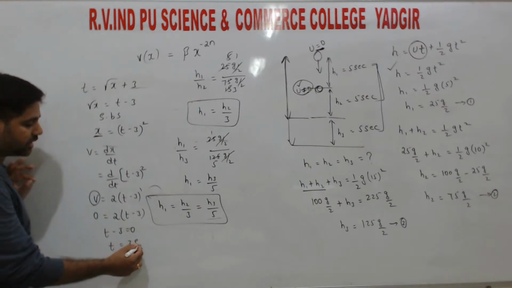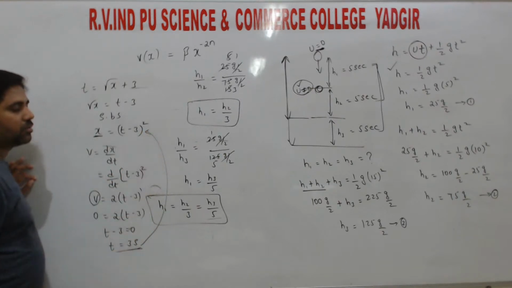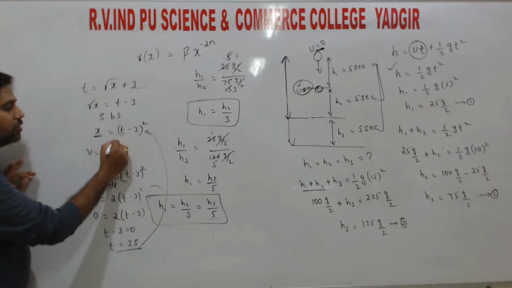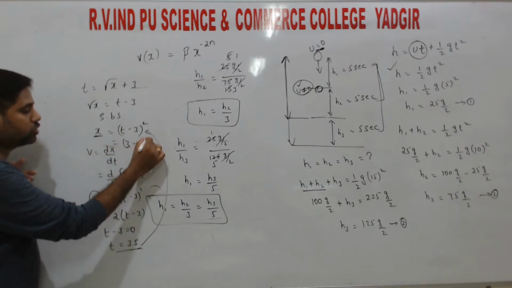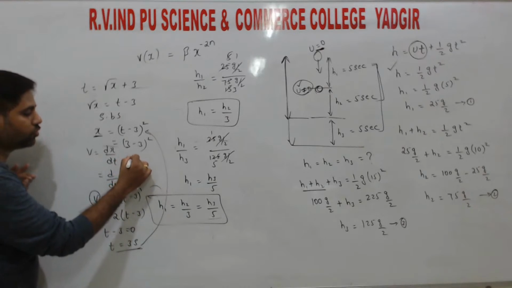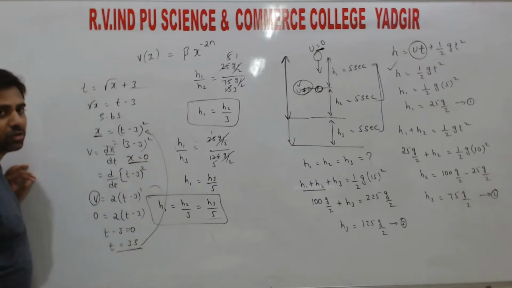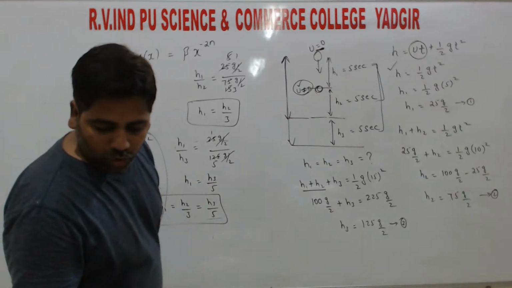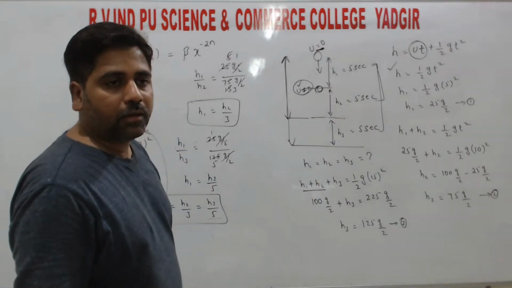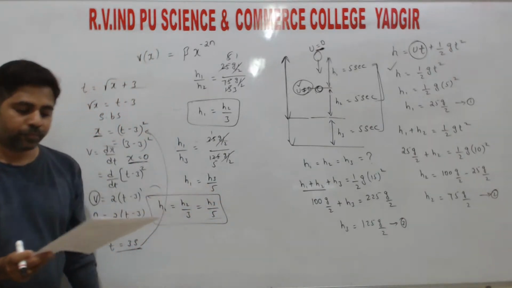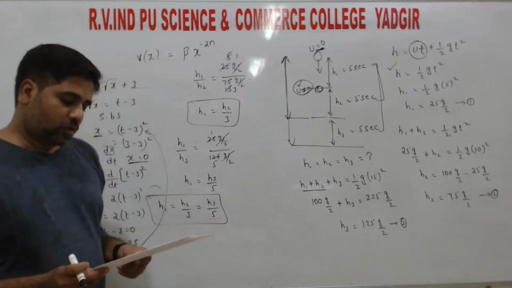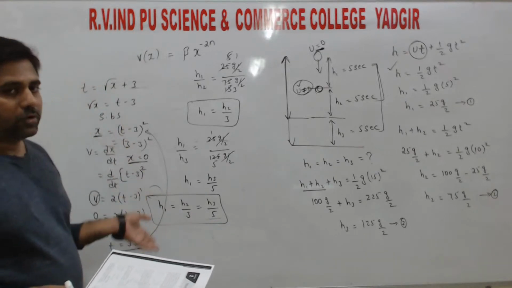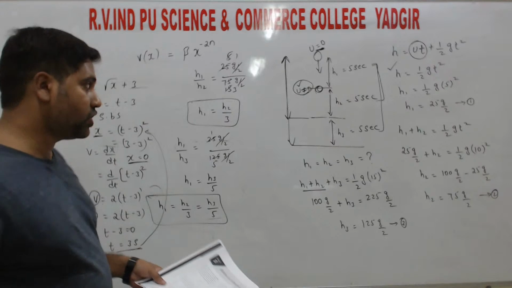Substituting this 3 seconds here, we get the displacement: 3 minus 3 whole square, so 3 minus 3 is 0, so displacement x is equal to 0, right? So the option is option B. So almost everything is based on differentiation and integration.